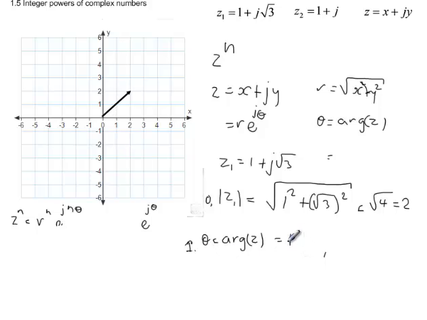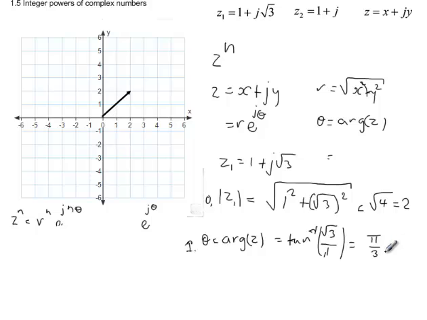Then here, this is tan inverse of square root of 3 over 1. What angle is that? That's a special angle, isn't it? What angle is that? Sorry? 60. In radians is pi over 3.